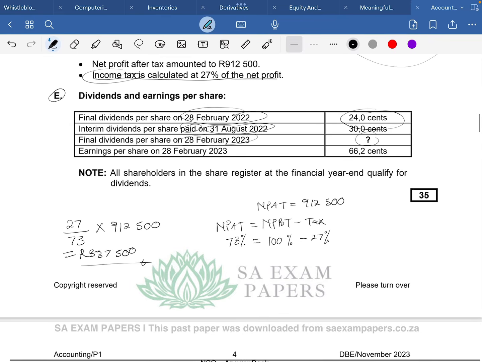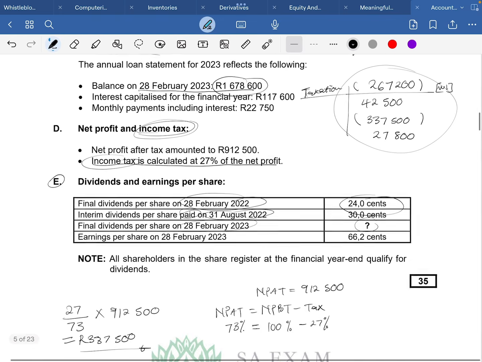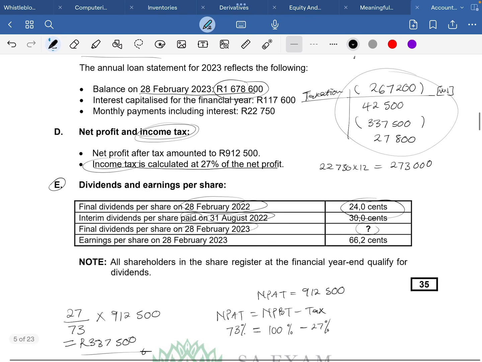Now the change on loan, we had a closing balance of 1,678,600, and monthly payments including interest of 22,750. Let's calculate how much our monthly payments amount to for the year. It's going to be 22,750 times 12, which is 273,000.